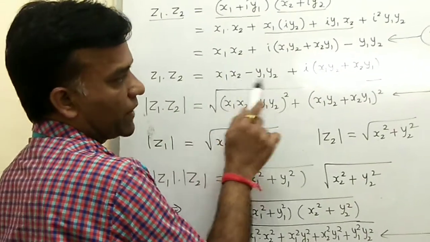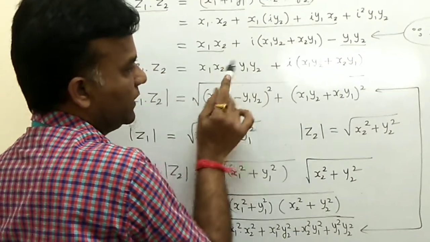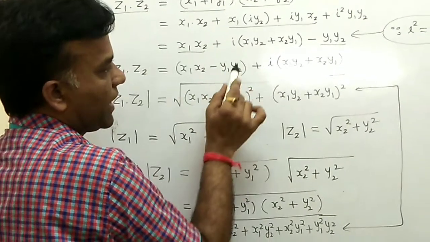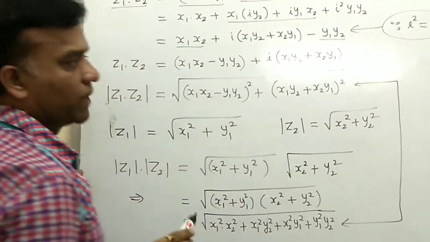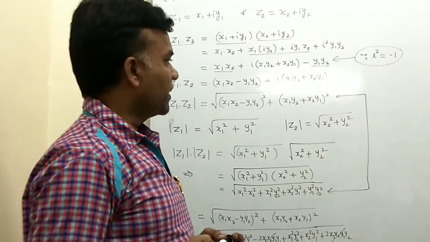Now we separate the real and the imaginary part. x1 x2 and y1 y2 are both real, so we write them combined here, and then we write this. So now the product is converted to the general form of a complex number.